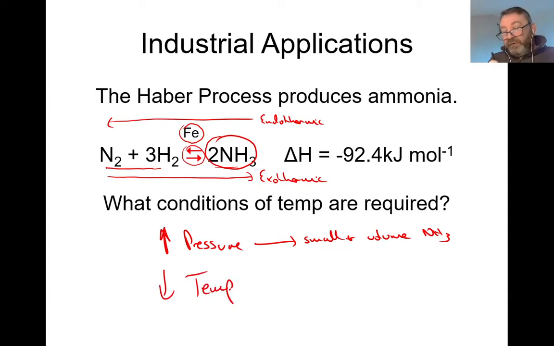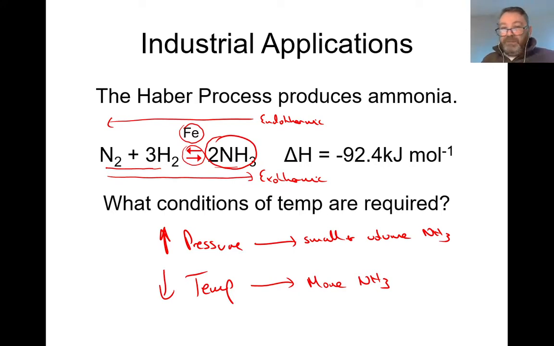And if I lower the temperature, the system will try to bring that temperature back up again by moving the position of equilibrium to the right hand side, and that means I'll have more NH3. So the two things I could do, along with getting the catalyst so that we can get to the position of equilibrium quickly, is to increase the pressure and decrease the temperature.